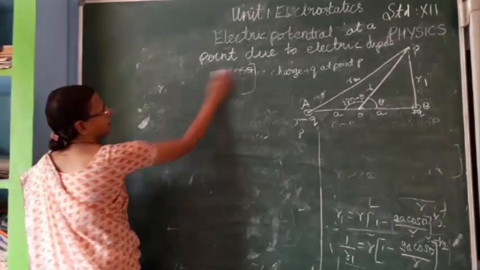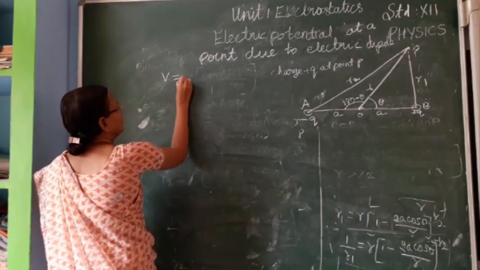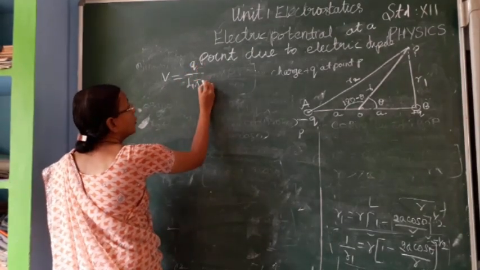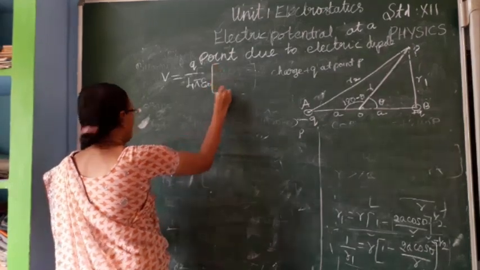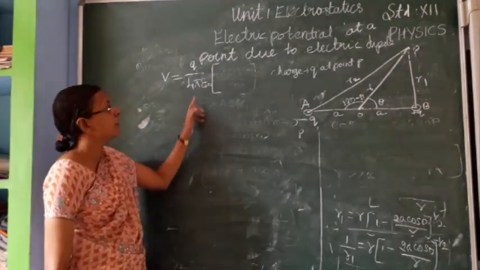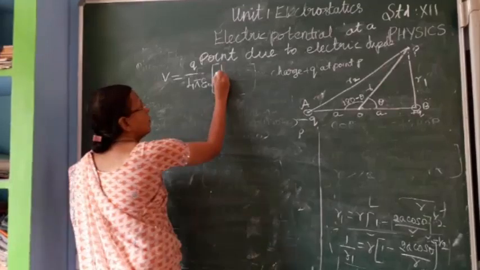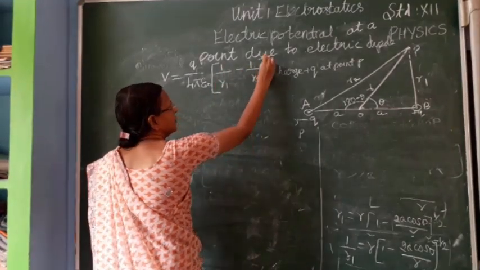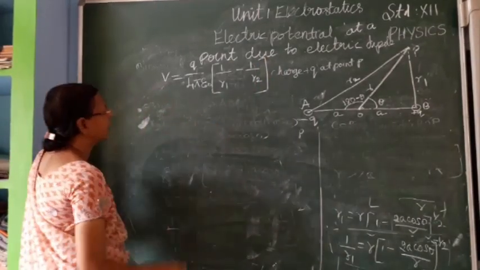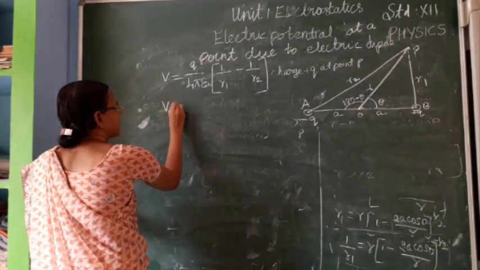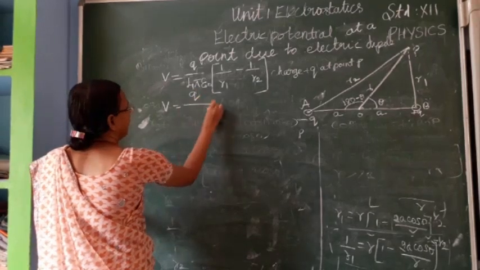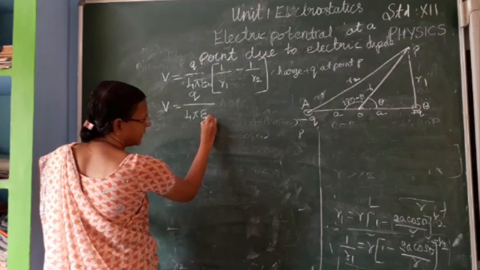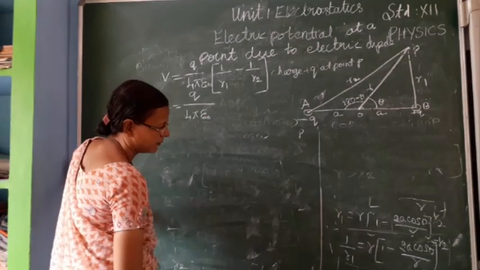What is the first equation? V is equal to q divided by 4 pi epsilon 0 into (1 by r1 minus 1 by r2).